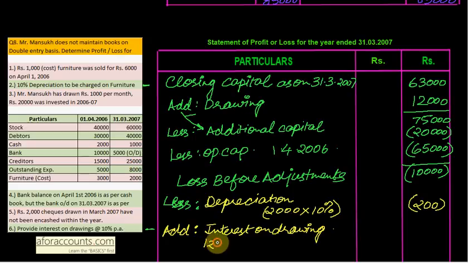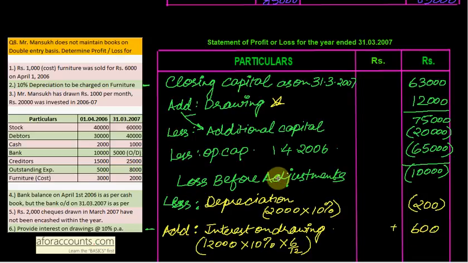Drawing is 12,000. So on 12,000, how much to charge? 10% has to be charged, and since nothing is given about the middle of the year, so 6 by 12. So that comes up to 600. So you have to add your interest on drawing, which is 600.